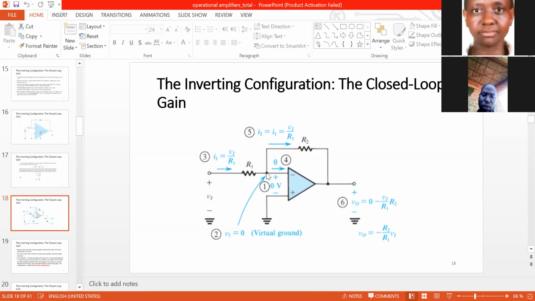We also know the voltage at the other end of R1, it is 0. So we simply apply Ohm's law to determine the current I1. I1 is simply VI minus 0 divided by R1. That is how we obtain the current flowing through R1.